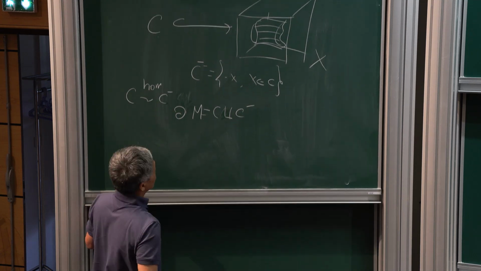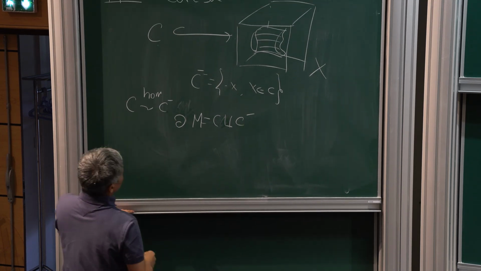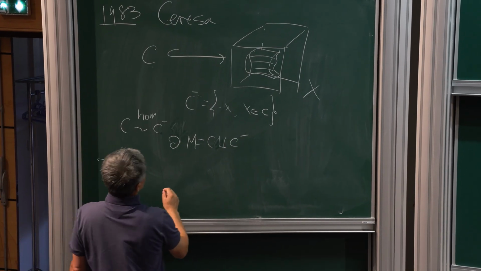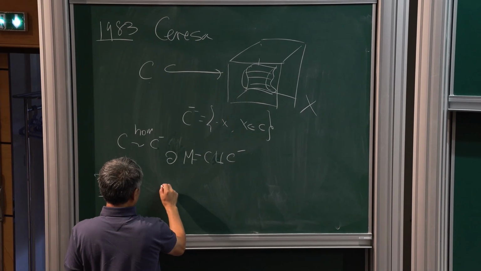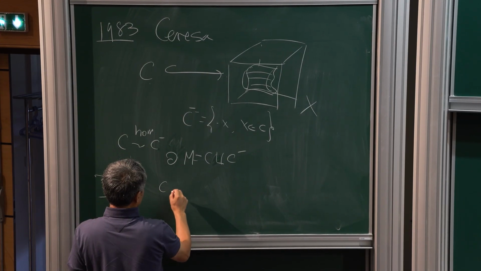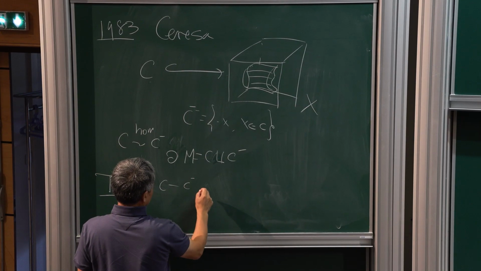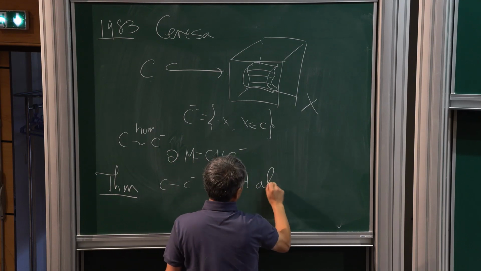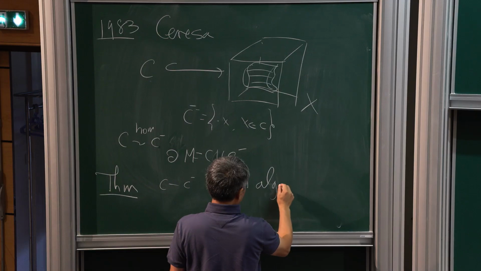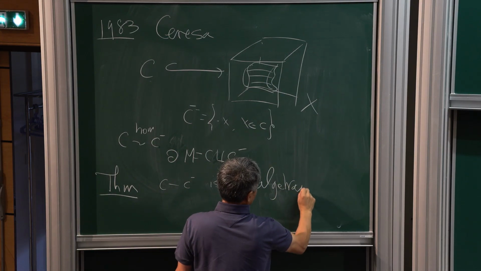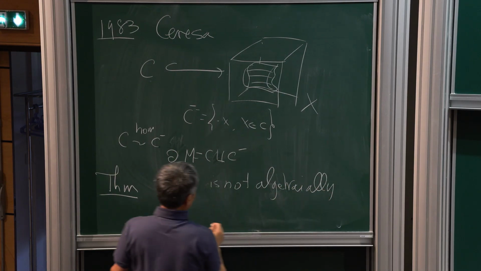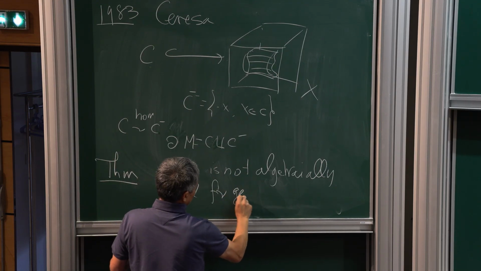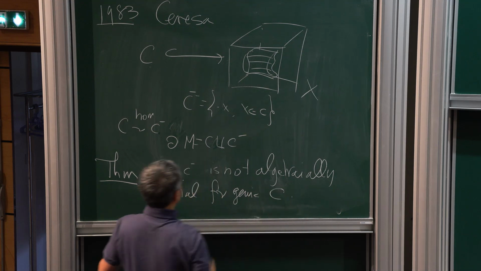Okay, you have a boundary like that, and he proved the theorem that generically, C minus C minus is not algebraically trivial, for generic C.